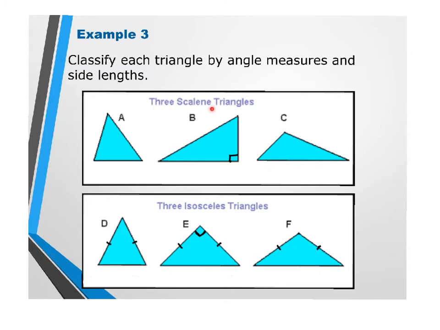We already know side is going to be scalene, and these are isosceles. But this is how we're going to add them in. A, right here, triangle A, all angle measurements are acute. You can see that they're all going to be less than 90 degrees. So this is an acute triangle, but it's an acute scalene triangle.